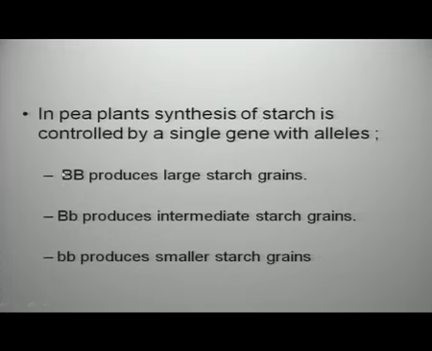So, capital B produces large starch grains. Capital B and small b, the heterozygous condition, produces intermediate starch grains. Small b produces smaller-sized starch grains. So the size of the starch grain is controlled by a single gene.